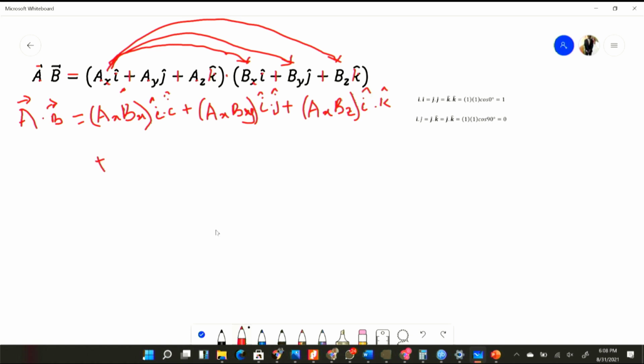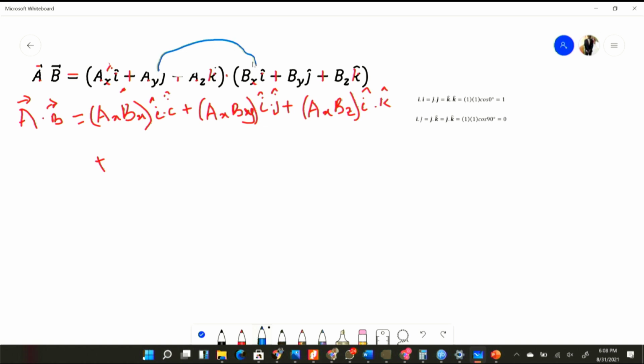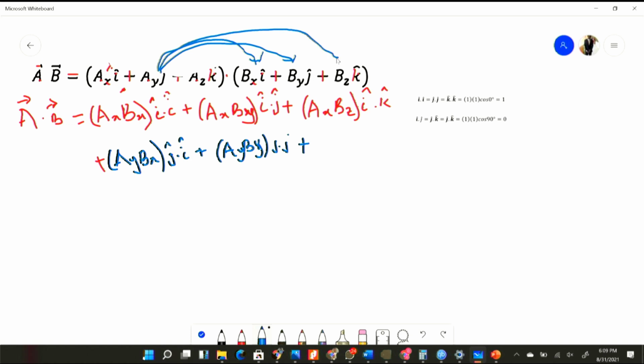Then we continue, and we do the same for the second component of our vector A. We multiply like so, which is AY BX, and the unit vector is J dot I, plus AY multiplied by BY, and we have J dot J. And also this second component multiplies the last component of vector B, which becomes AY BZ, and the unit vectors are J dot K. Then we continue like so.